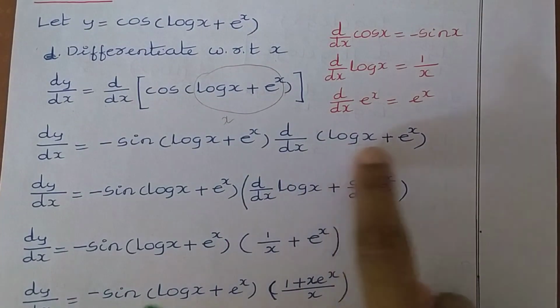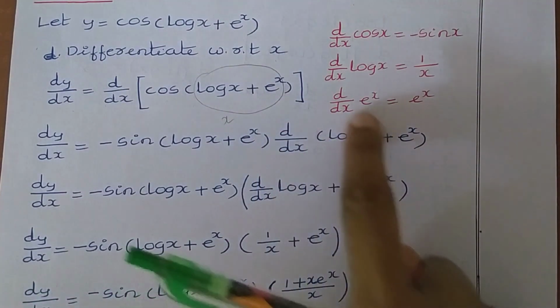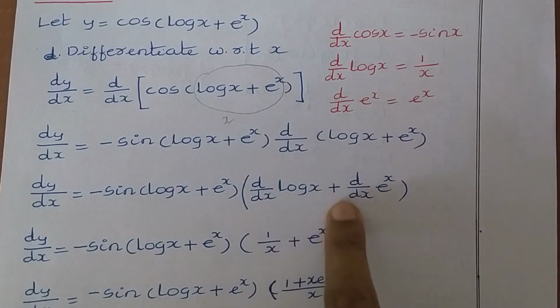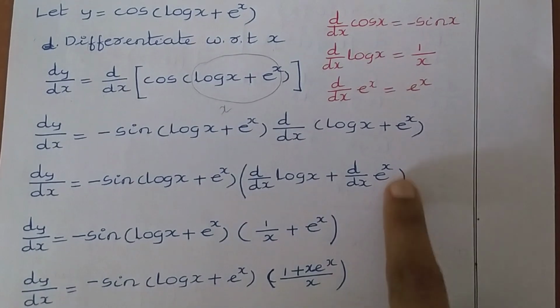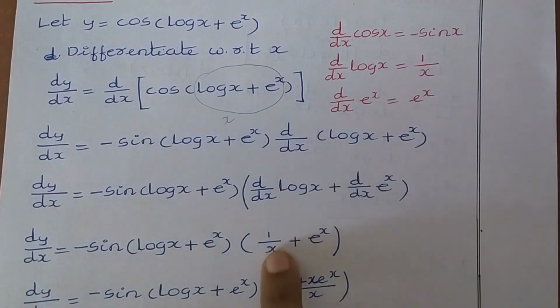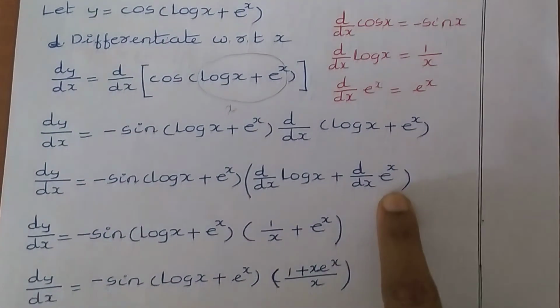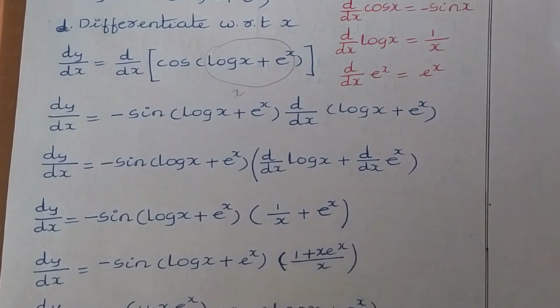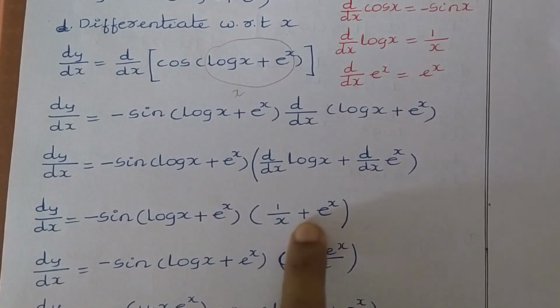Again here we have two terms, so differentiate each term separately, d by dx of log x plus d by dx of e to the power x. The derivative of log x is 1 by x plus the derivative of e to the power x is e to the power x. Next, here we get 1 by x plus e to the power x.